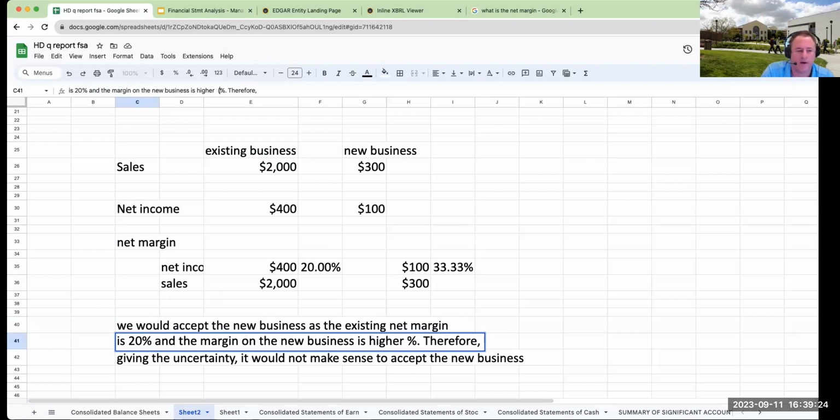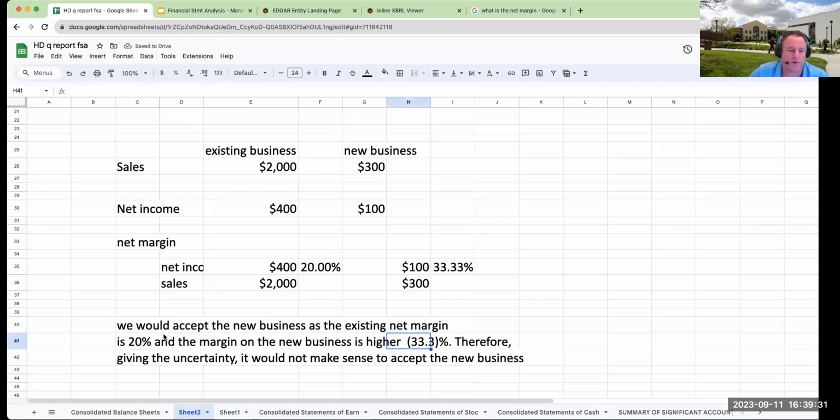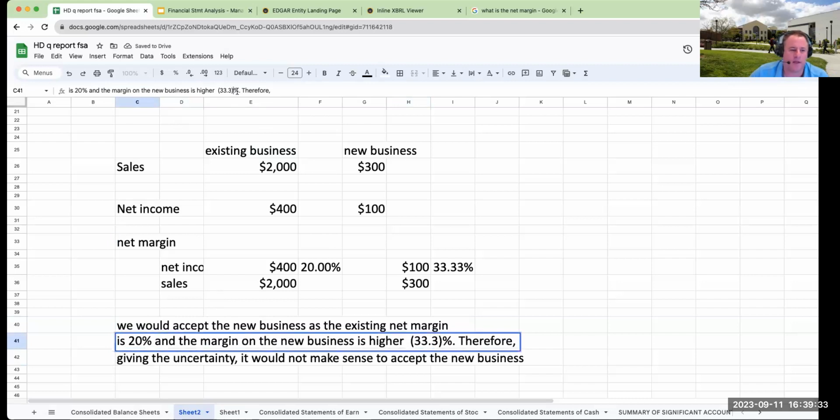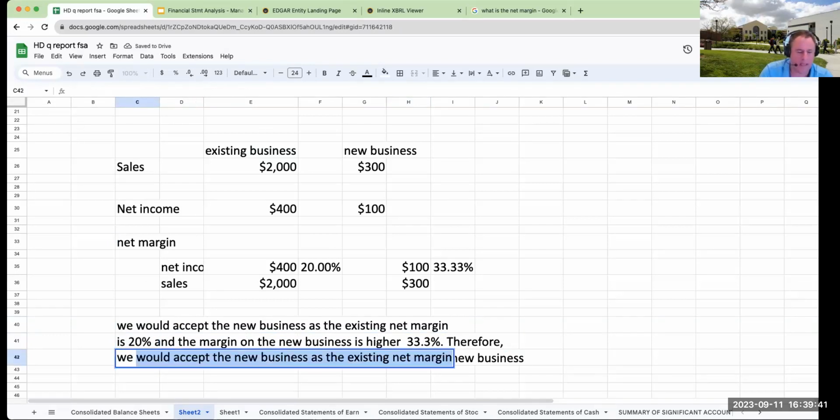So this is not probably the right way to write this because I don't want to make it like a negative number. Okay, so let's just say 33.3%. Therefore, we should accept the new business.